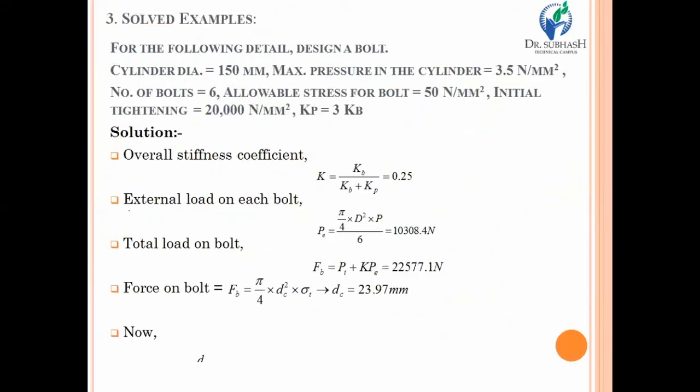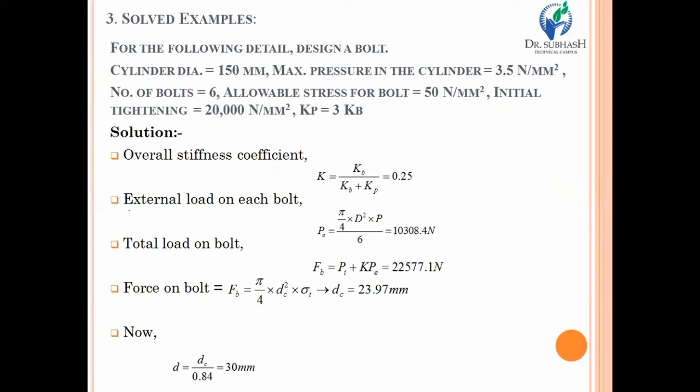Now, after the design of the bolt and the types of stresses produced in various parts of the bolt as well as the threaded portion, let's solve a few examples. Look at the screen. There is one bolt, and the cylinder diameter given is 150 mm. The maximum pressure in the cylinder is 3.5 Newton per mm square.